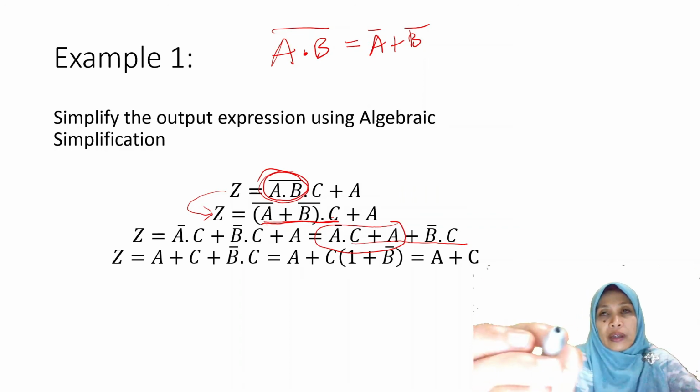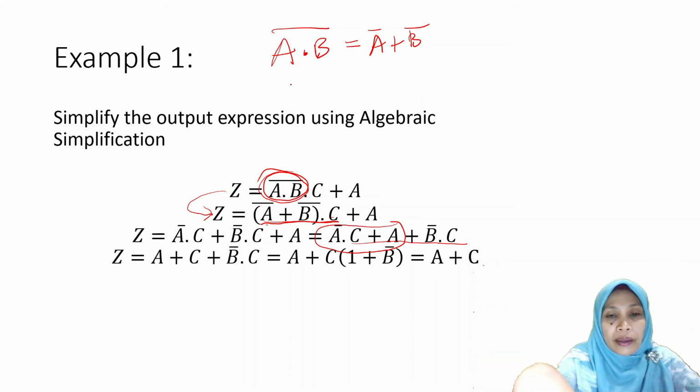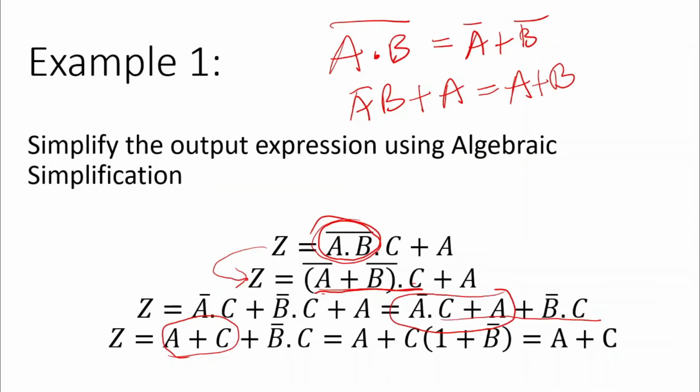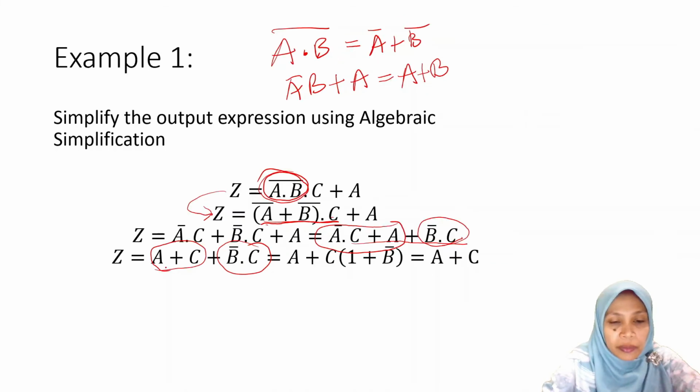We have A bar B plus A equal to A plus B. By referring to that theorem, we can simplify this equation. A bar dot C plus A becomes A plus C, and then we put the other term here, B bar dot C.